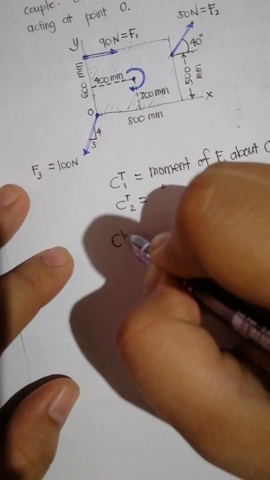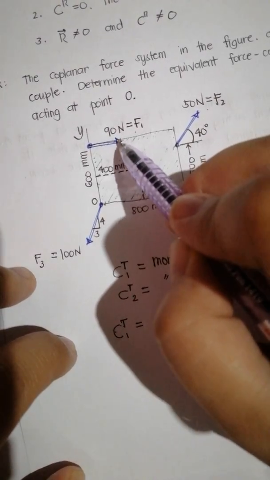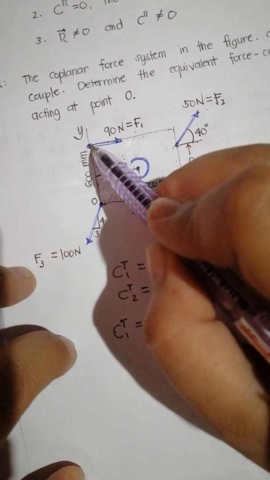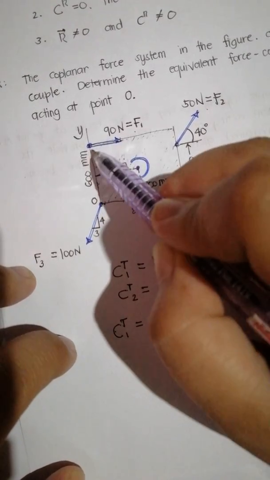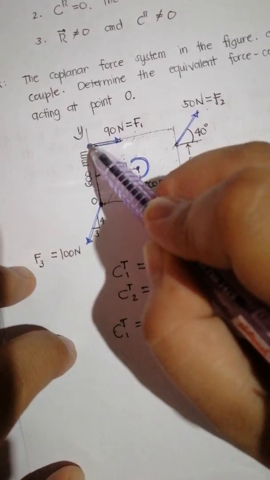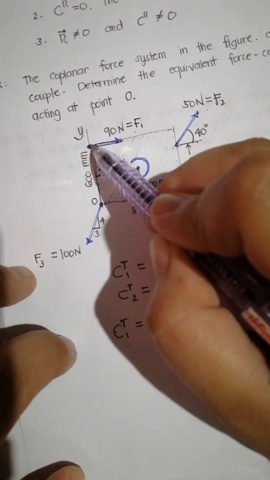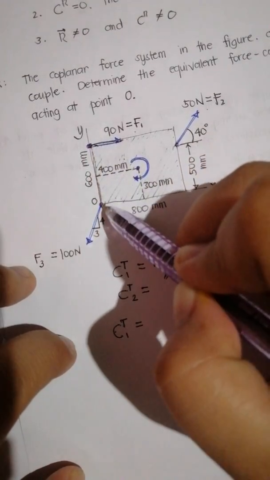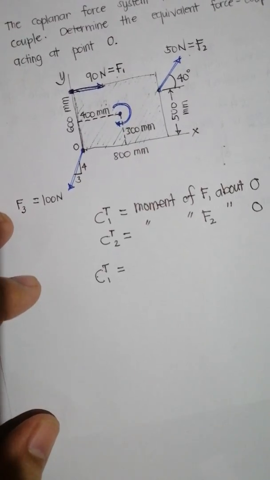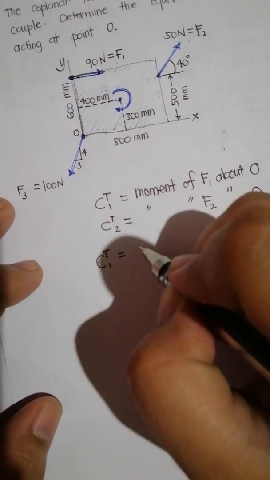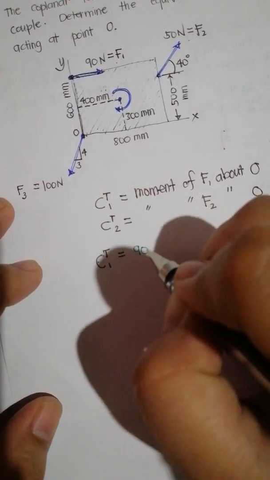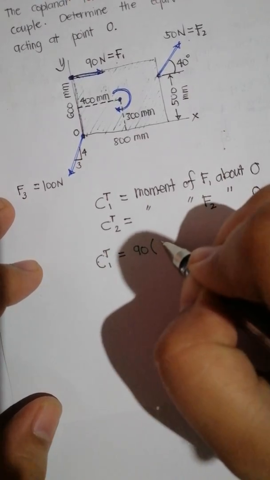We'll have CT1. The moment of force F1 about point O is simply the magnitude times its perpendicular distance. With the 90 Newton magnitude, the perpendicular distance is simply the 600 millimeter distance. We'll have 90 times 600.